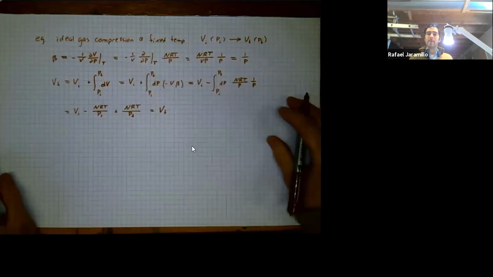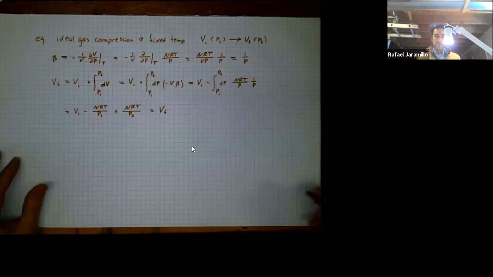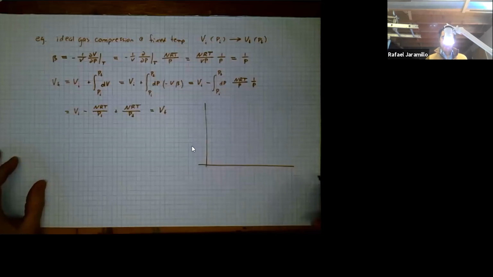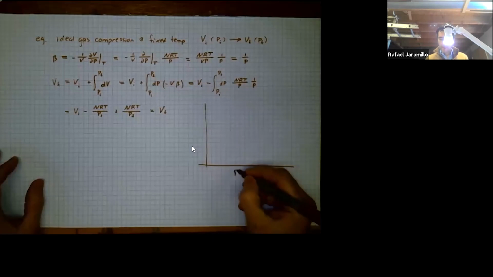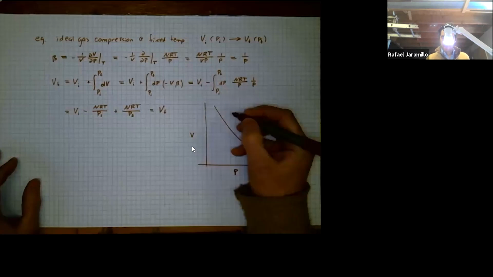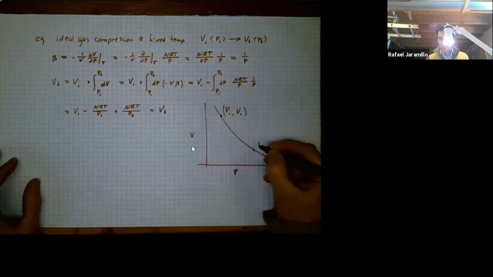So thinking about this, you got to put your multivariable calculus hat on. Of course, for an ideal gas, we get this 1 over x, these relationships. P initial, V initial, P final, V final.